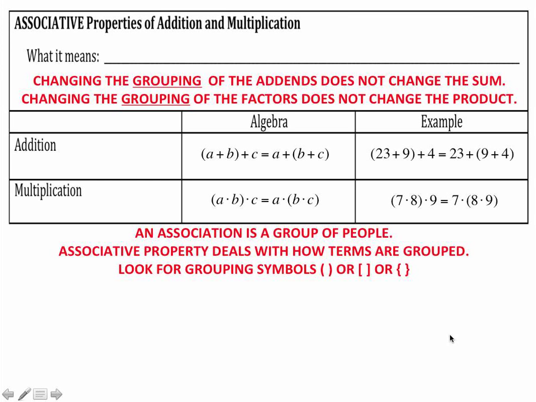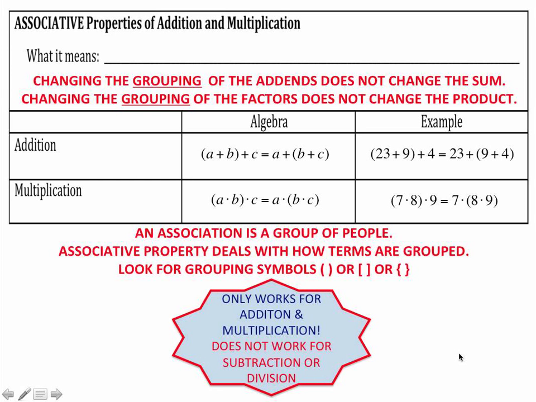So I think that'll make sense for you. If you want some smaller numbers, just to illustrate it for you, 1 times 2 is 2, times 3 is 6. That's the same thing you would get if you took 1 times 2 times 3. 2 times 3 would be 6, times 1 would be 6. So the left and the right are obviously the same. Again, keep in mind, this only works for addition and multiplication. It will not work for subtraction or division.